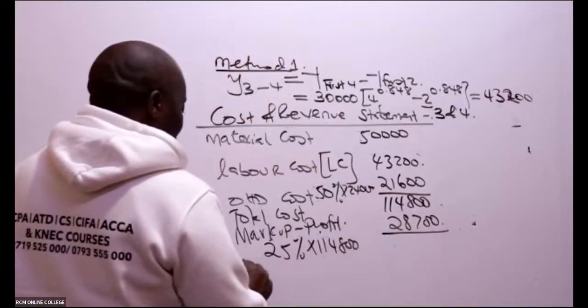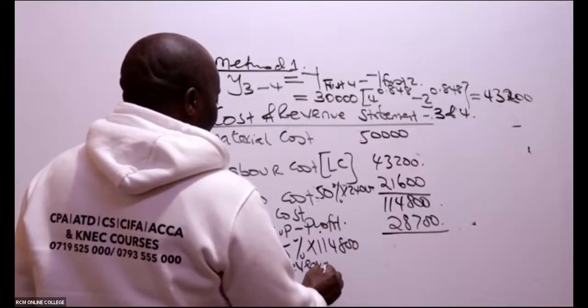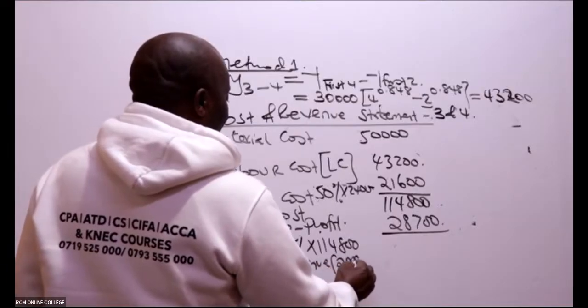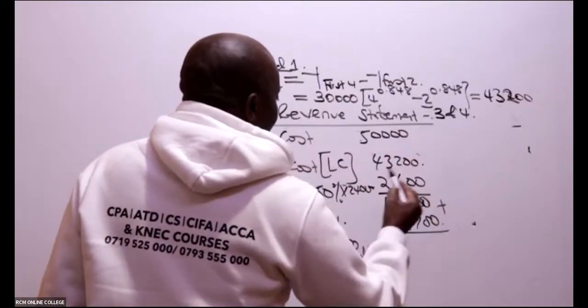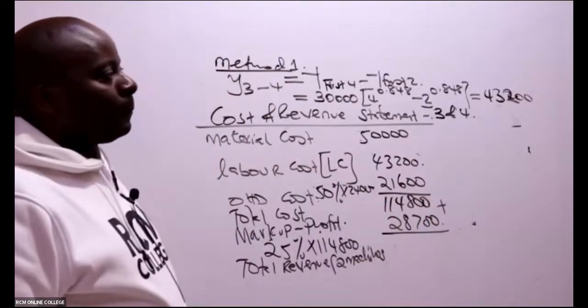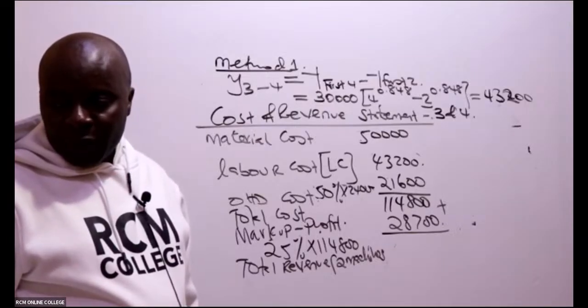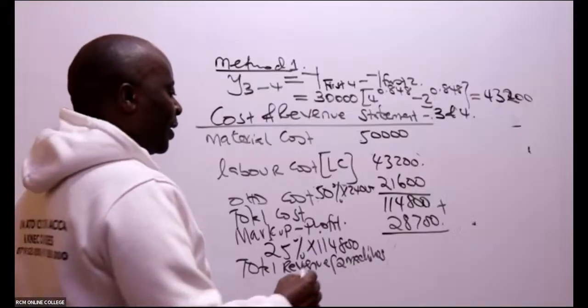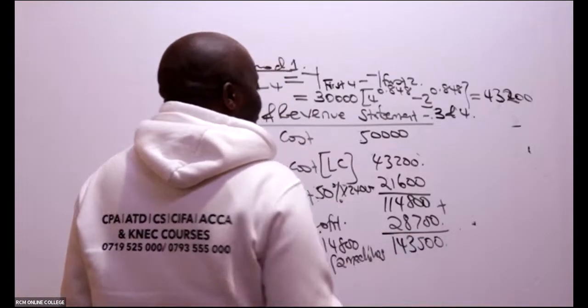Give us the total revenue for 2 machines. You take this plus this. 143,500. Then what is the revenue per machine?